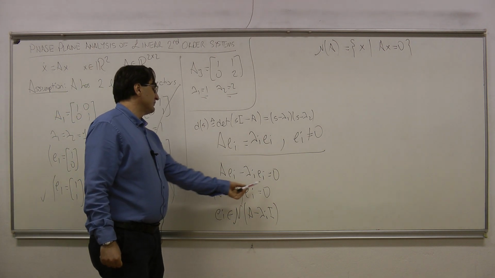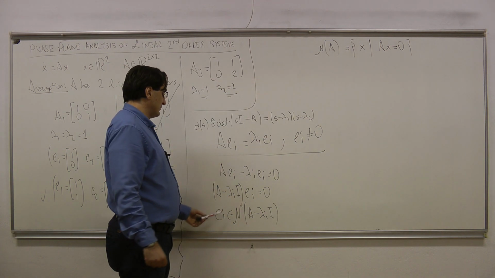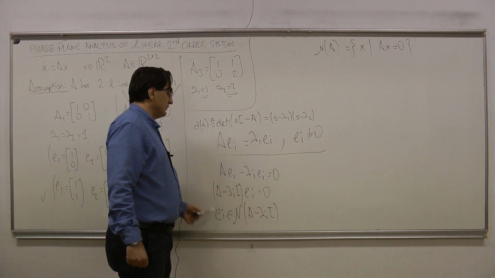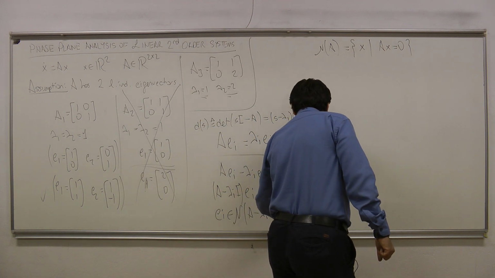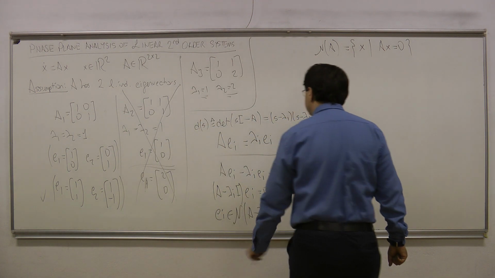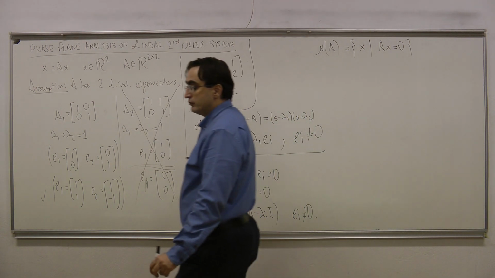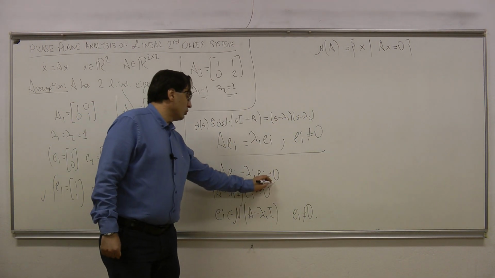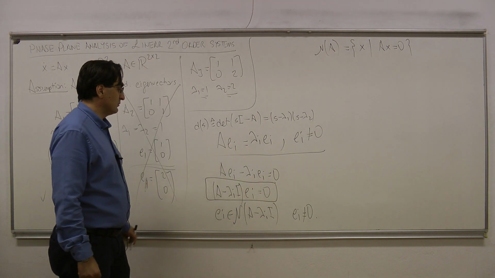Since I have this relationship, e_i is going to be inside the null space of this matrix, and e_i is going to be a non-zero vector. So we have these conditions.